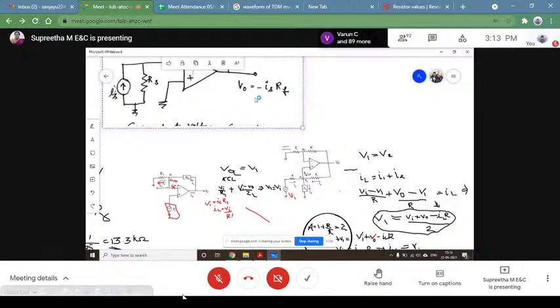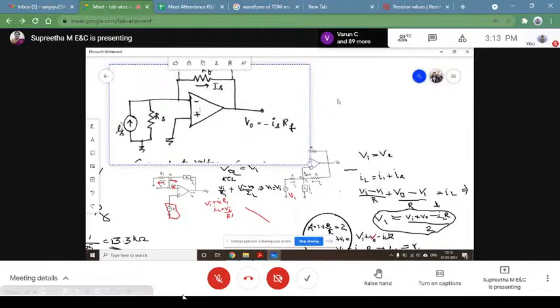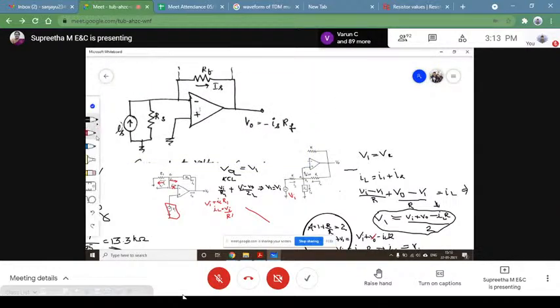Now if you observe, as we have seen in the op-amp circuits, whatever current flows through here, the same current will flow through the feedback resistance RF, because the op-amp draws a current which is 0.